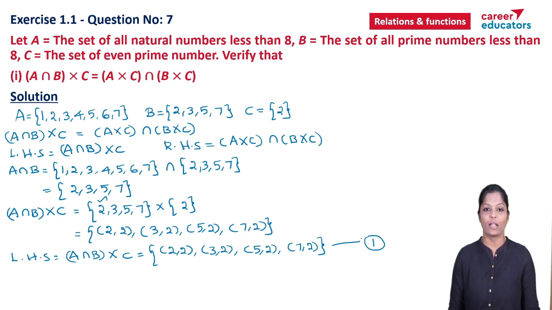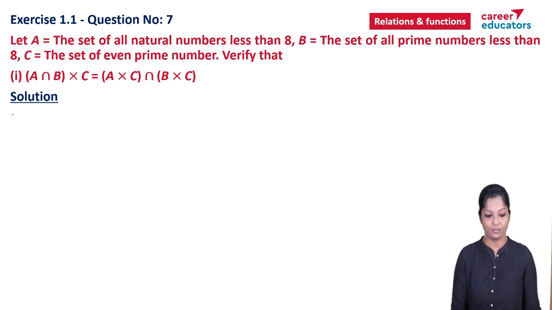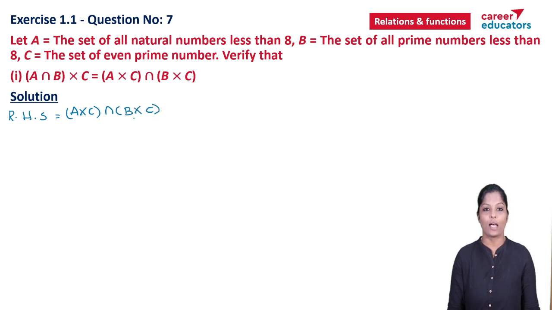Next, we have to find RHS. RHS equal to A cross C intersection B cross C. To find RHS, we have to find A cross C and B cross C. Then we have to do the intersection between A cross C and B cross C.